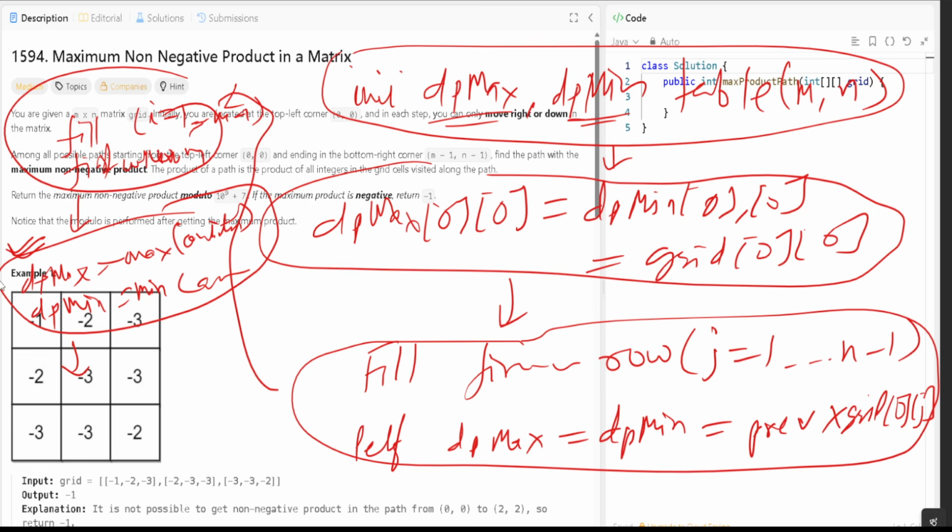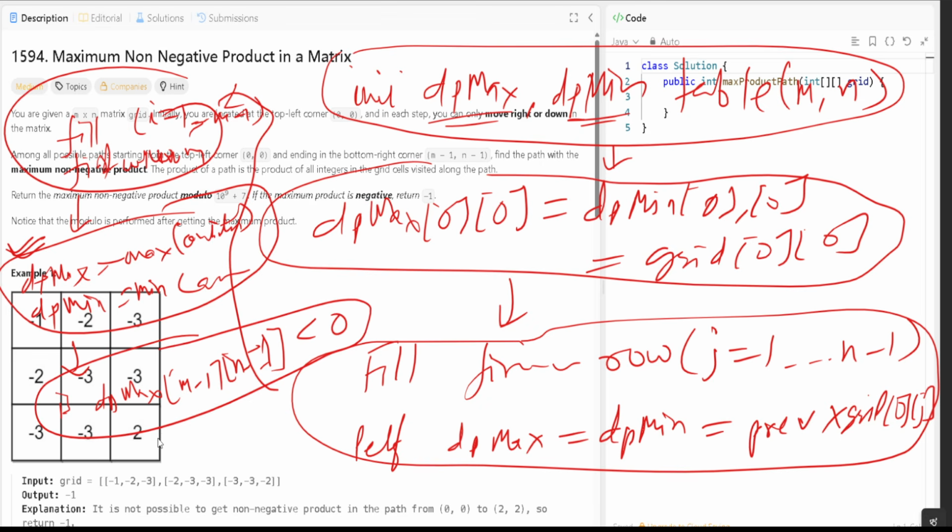For each cell where i is greater than or equal to 1, j is also greater than or equal to 1, in both cases, then you will find this one. If the dp max, let's suppose at m minus 1 and n minus 1, is less than 0, in this case we will return the answer.